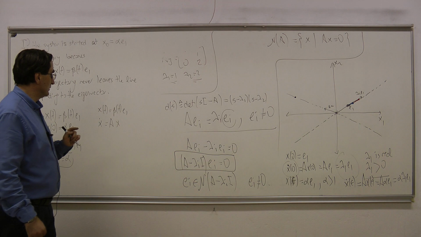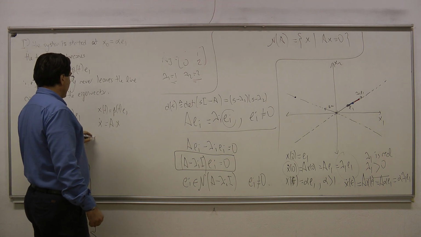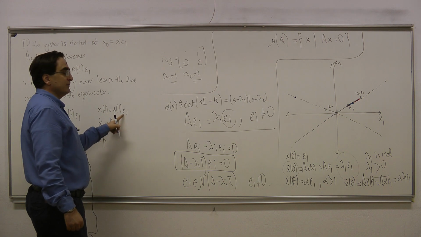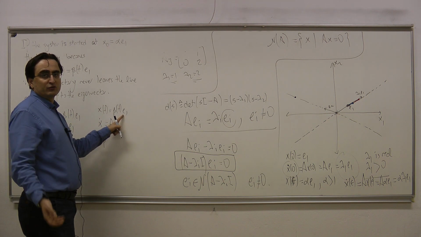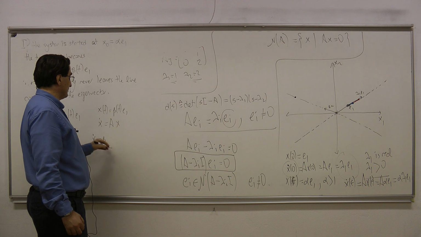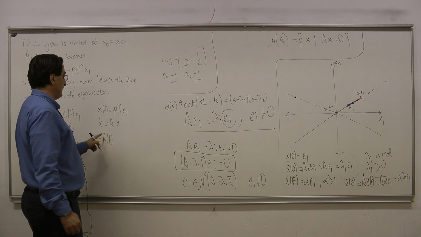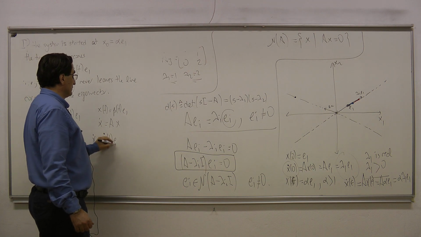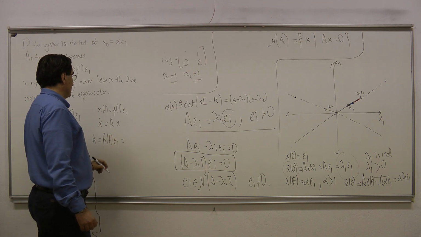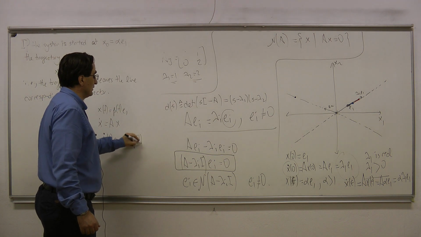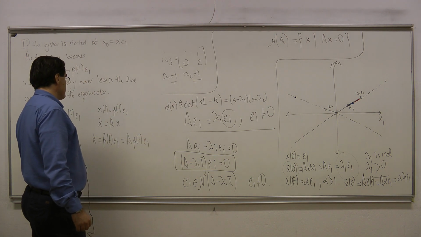Let us calculate x dot. Here E1 is a constant vector, it doesn't change with respect to time, and beta is a function of time, so the derivative is taken of it. So I have beta dot of t times E1. This is equal to A times x, and x is beta of t times E1.